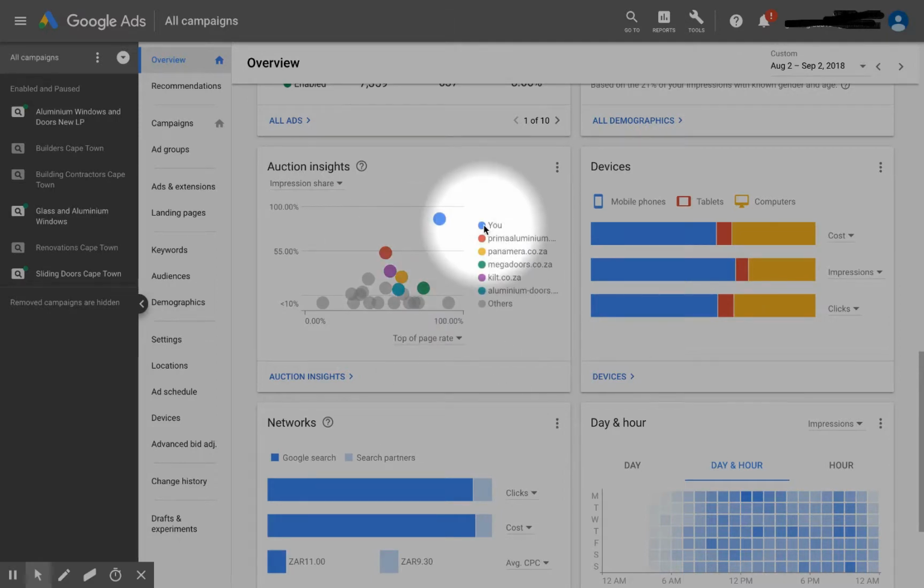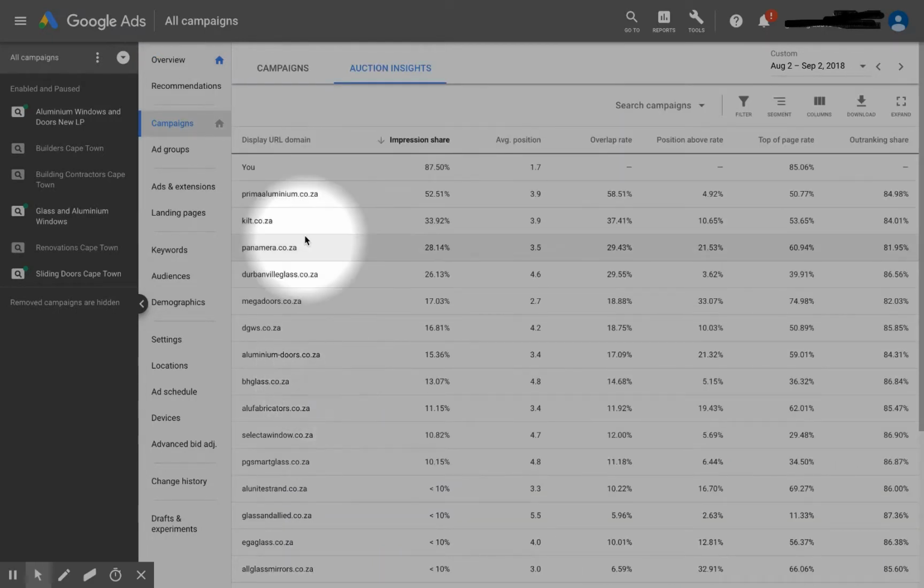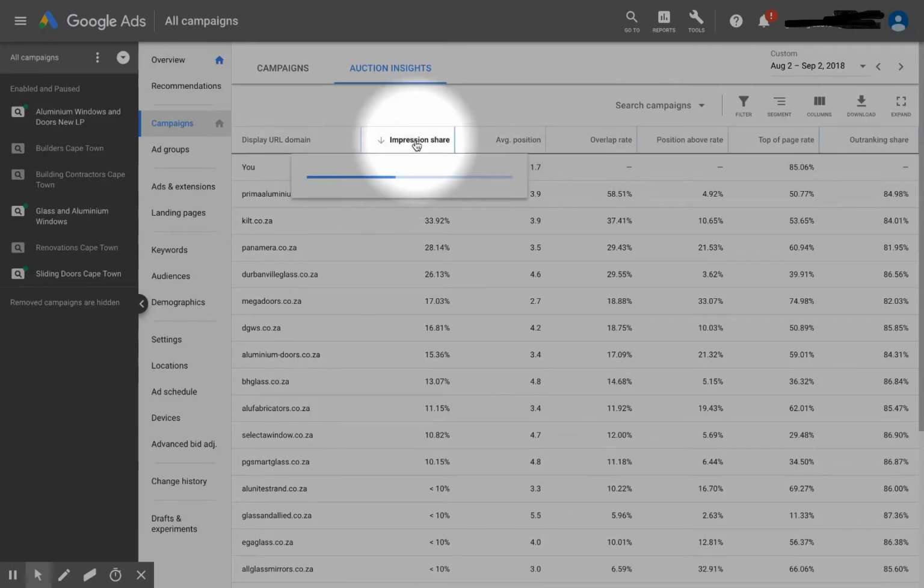So here, we're doing exceptionally well. And it's important to know this because our client, although they're a medium-sized, very successful company, Megadoors is a massive national franchise, for instance. So if we look at the auction insights, we can see, again, 87.50% of the time we are shown, and at the top of the page, 85.06% of the time.